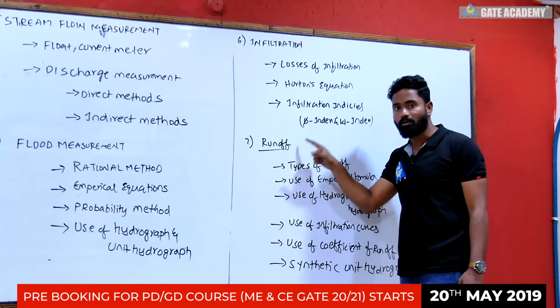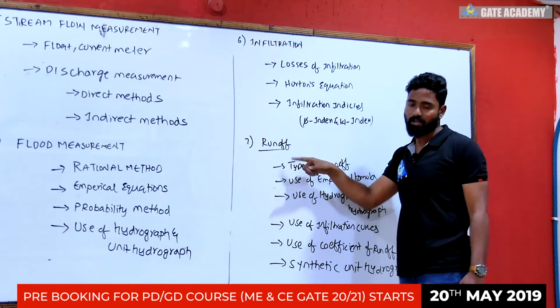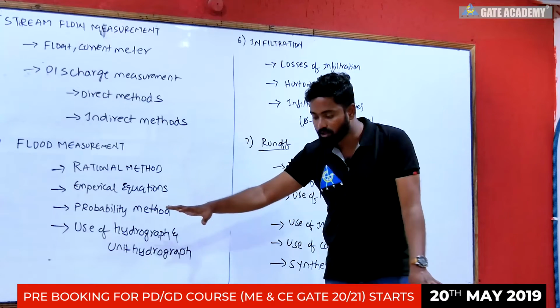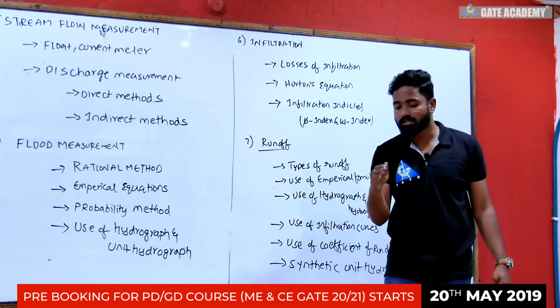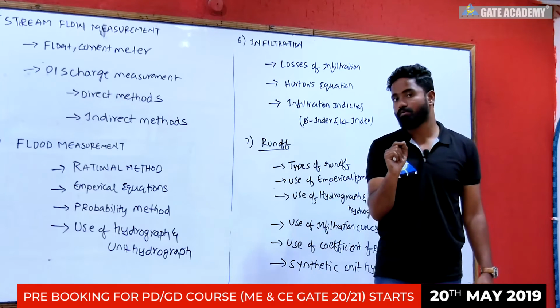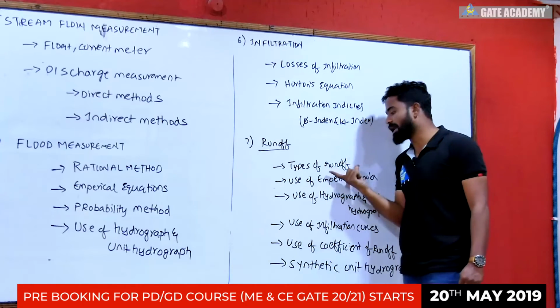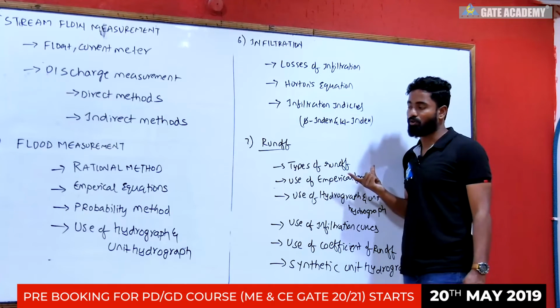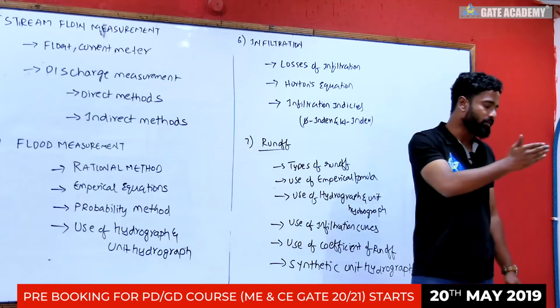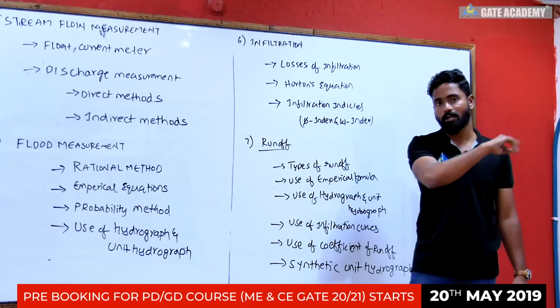Next, coming to runoff. Runoff means precipitation, water goes into infiltration. Next, whatever water is flowing on the ground or just below the ground is considered as runoff. Types of runoff: there will be direct runoff and base flow. Runoff means surface runoff, water flowing on the surface and finally reaching the ocean or nearby rivers.